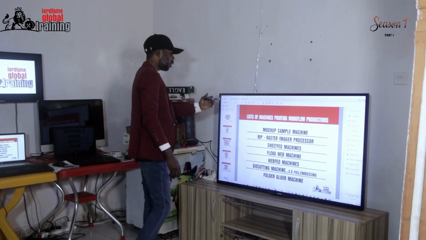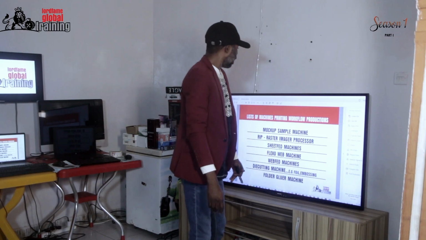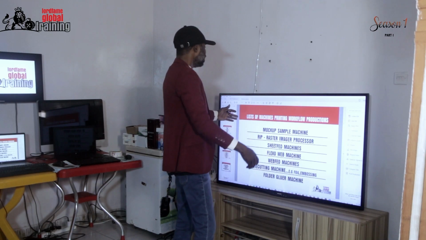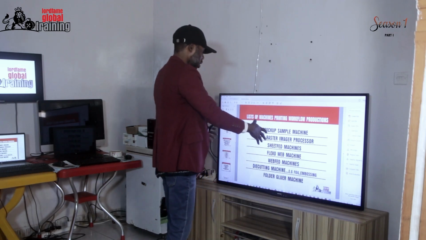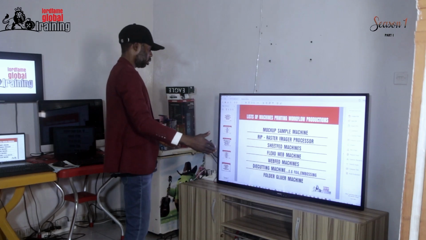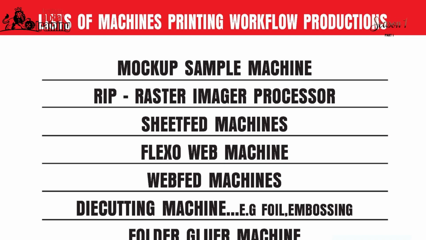This is the list of machine printing workflow production. This is what we need to do in each unit, and this is the machine that handles the job individually.